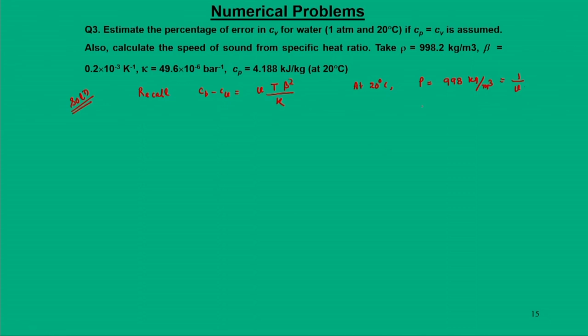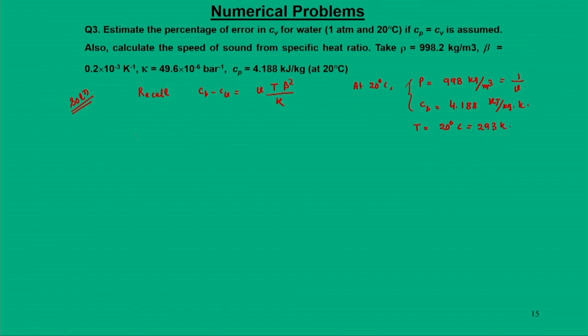Also at 20 degree centigrade we know Cp for water, 4.188 kilojoule per kg Kelvin. These two pieces of information you know, and T is 20 degree centigrade, that is 293 Kelvin.